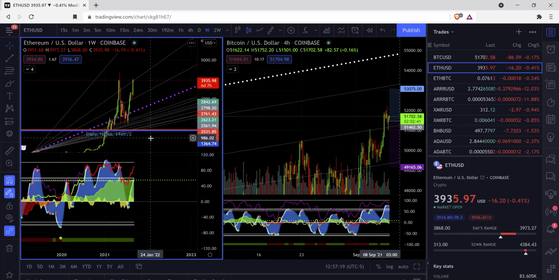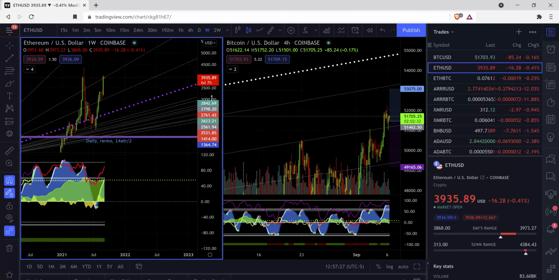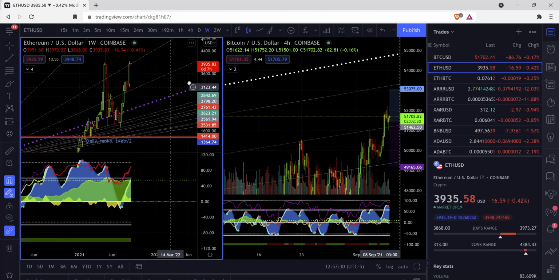And with ETH, I've also drawn them on the dailies to have some more line action, but I don't want to stray too far from how they actually work.